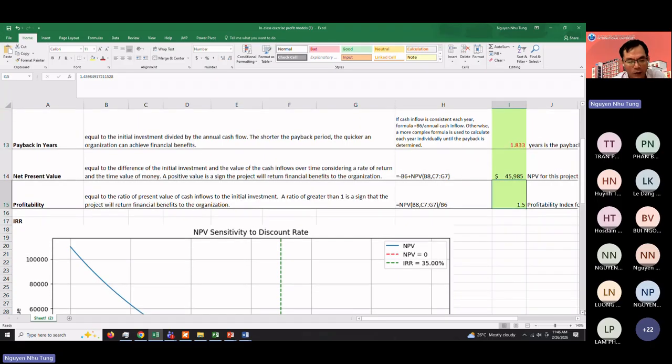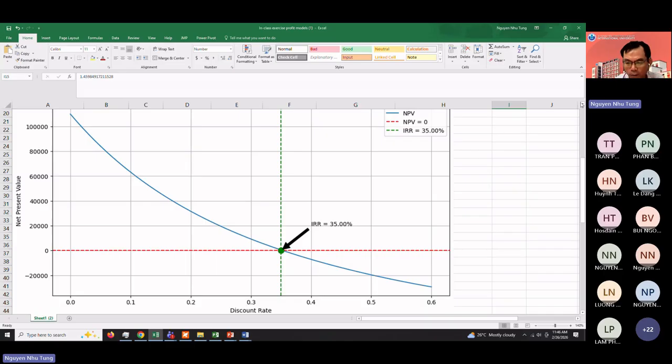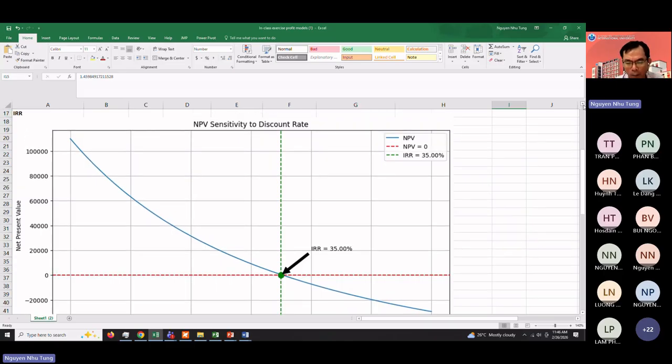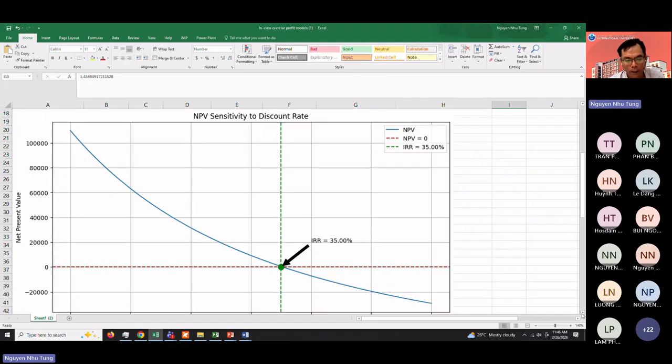The last financial measure you must understand is the internal rate of return, IRR, right? You can use the Excel function and come up with an IRR of 35% here. But it's more important for you to understand how to apply the concept of internal rate of return. The best way is to draw a chart for the project NPV.